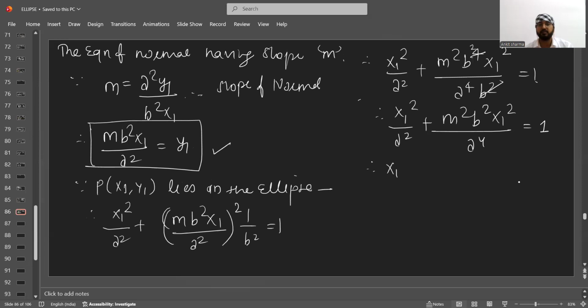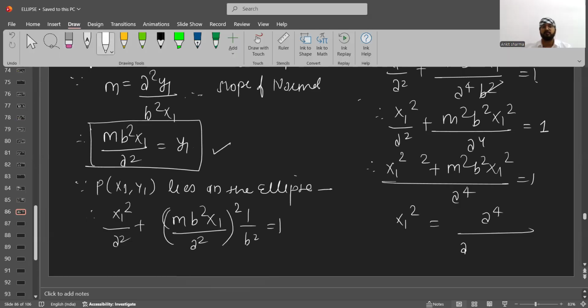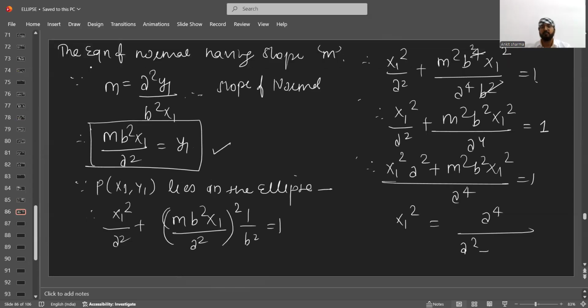We take x1 square common, and this is a square, so I'll multiply here by a square, plus m square b square x1 square by a to the power 4 is equal to 1. So from here easily we see that x1 square is going to be a to the power 4 over a square plus m square b square.